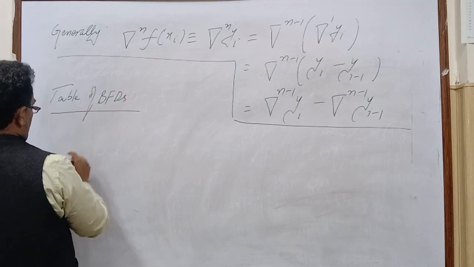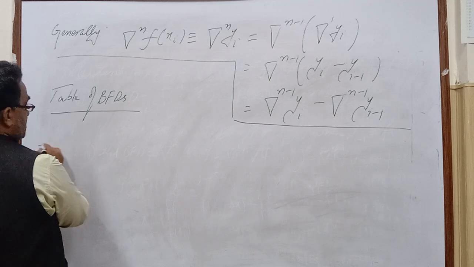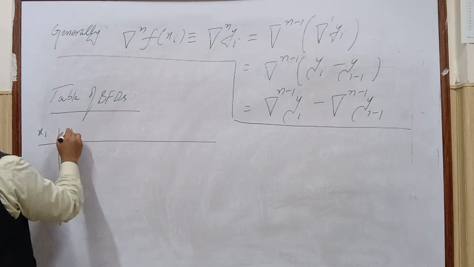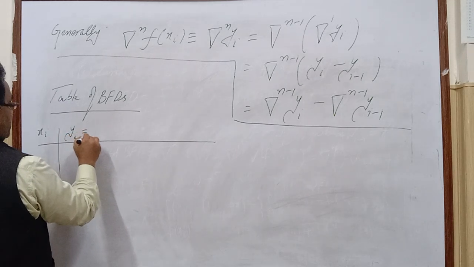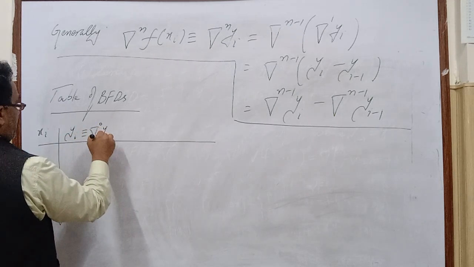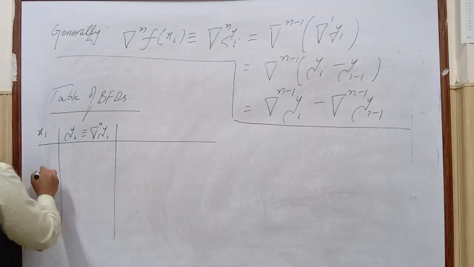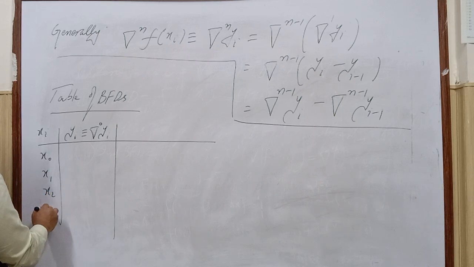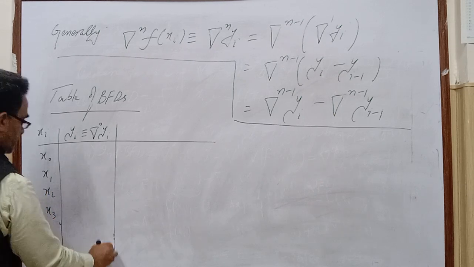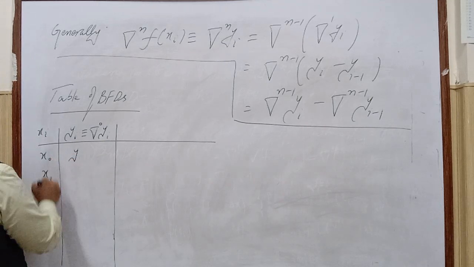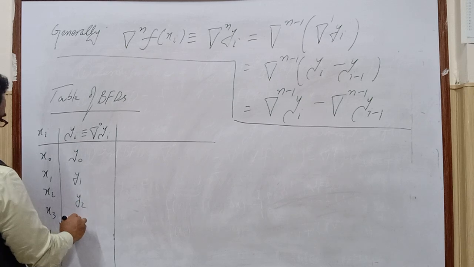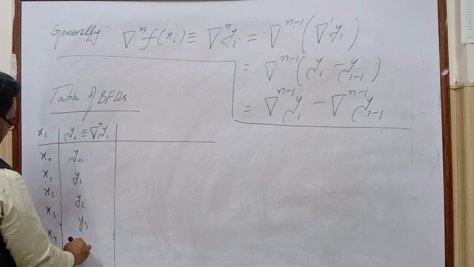Okay, so if we have the data to be xi and yi, and yi written as del 0 yi, and if the values of x are x0, x1, x2, x3, and x4, and the values of y at these values of x are y0, y1, y2, y3, and y4.